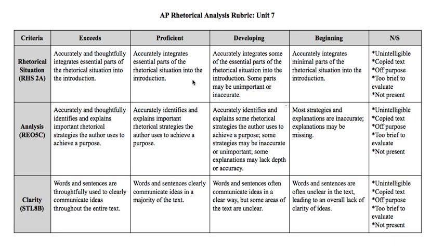Okay, so let me go through the proficient column and talk a little bit about how proficient is different from exceeds and developing. For rhetorical situation, proficient means that you have accurately integrated the essential parts of the rhetorical situation inside of the introduction. Integration means that you've not only identified the parts accurately, but you've put them together into a coherent introduction.